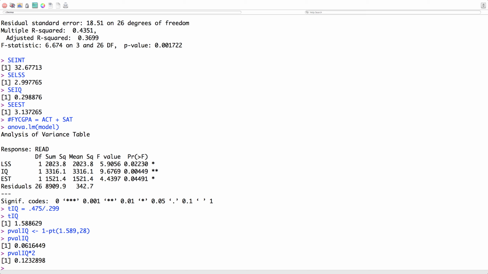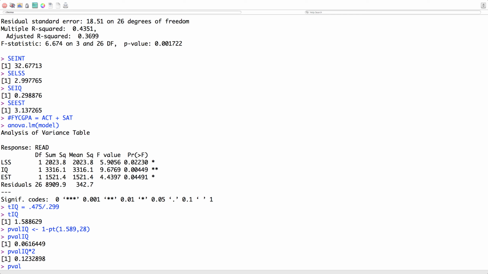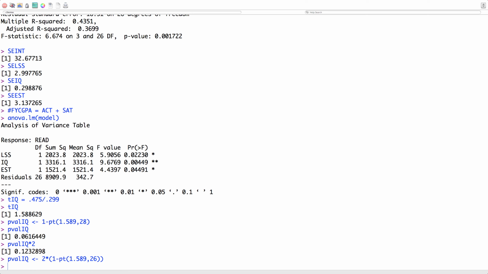So we're actually going to need, so our p-value for IQ is actually going to have to be calculated this way. So we're going to have 2 times 1 minus PT 1.589, comma 26.